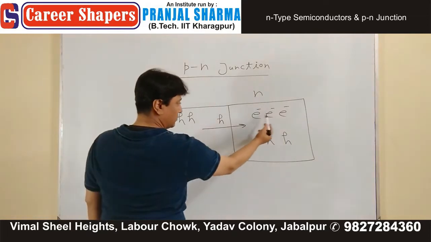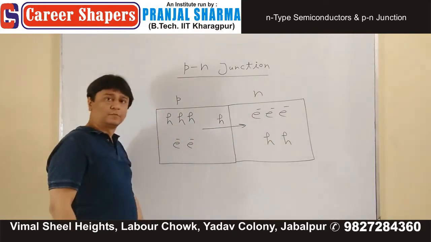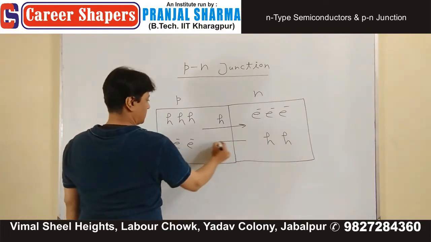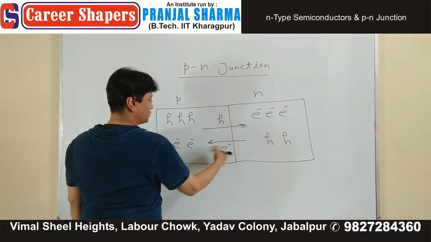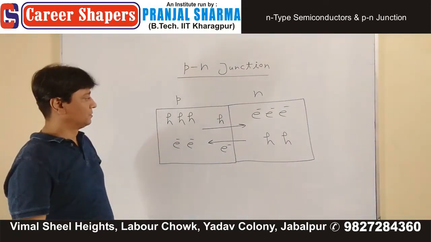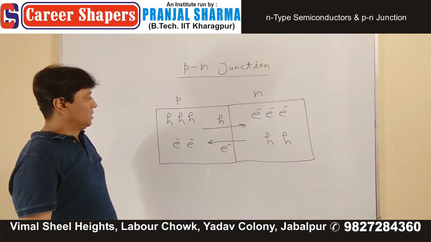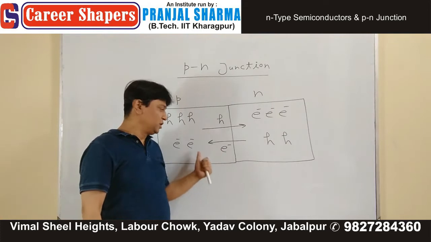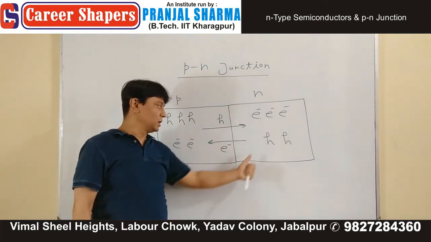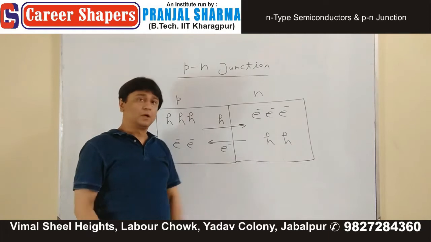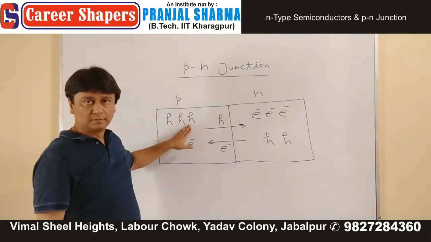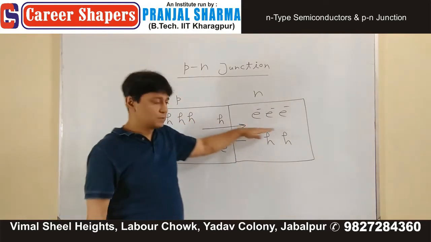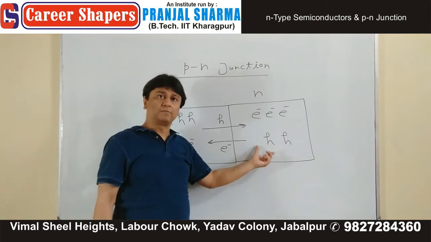Similarly, there is an excess of electrons. They try to move from this side to this side. This is diffusion of electrons. When this diffusion takes place, remember, initially this side is neutral, this side is also neutral. But these holes found that there is a deficiency of holes on this side.